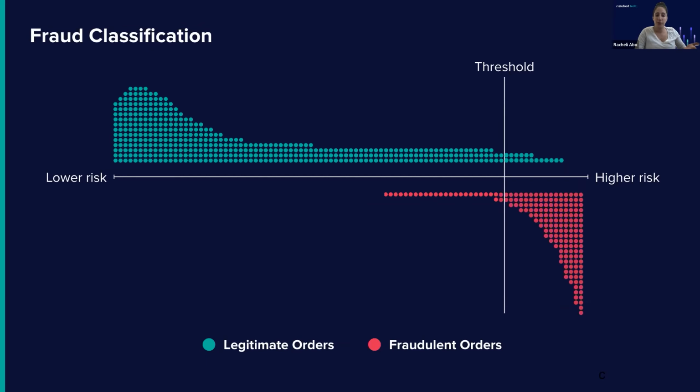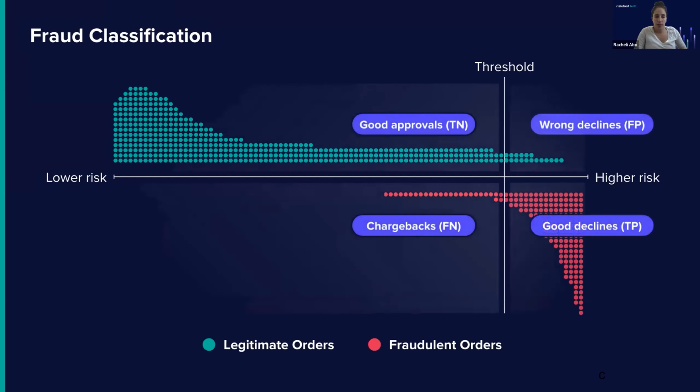Let's take it to terms that we like to use. So on the approved side, we have a lot of true negatives. We call them good approvals, but we also have false negatives. We have an indication for our false negatives because people file something that is called a chargeback to get their money back. What's going on on the decline side?